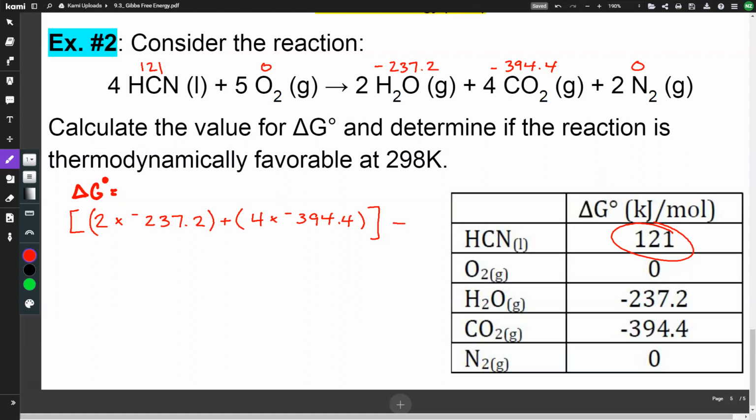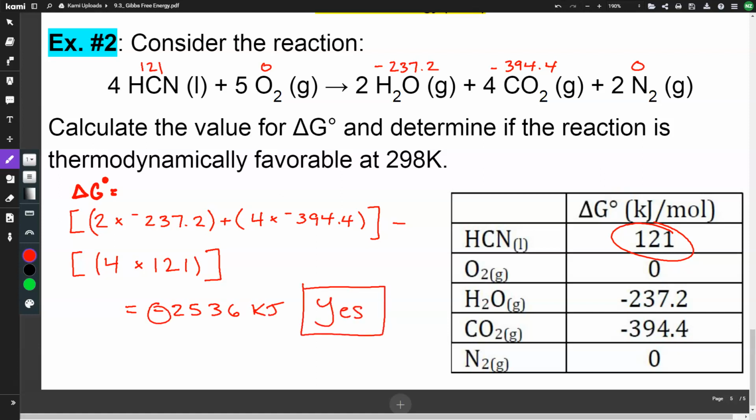Then we're going to subtract our reactants. We had 4 HCN. HCN is 121. When I do this, be careful with your parentheses. You should end up with the value of negative 2536 kilojoules. Because it is negative, yes, it's less than 0, so it would be thermodynamically favorable. And that's it.